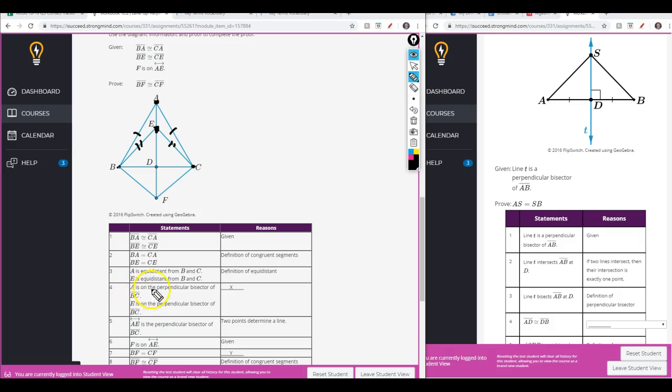Then it says A is on the perpendicular bisector of segment BC, and E is on the perpendicular bisector of BC. Okay, so this is using the perpendicular bisector. However, it is not stating that we started off with a perpendicular bisector. It's working backwards to stating that we are on this line that's a perpendicular bisector.